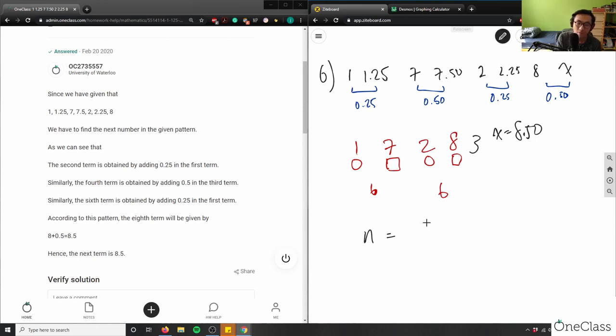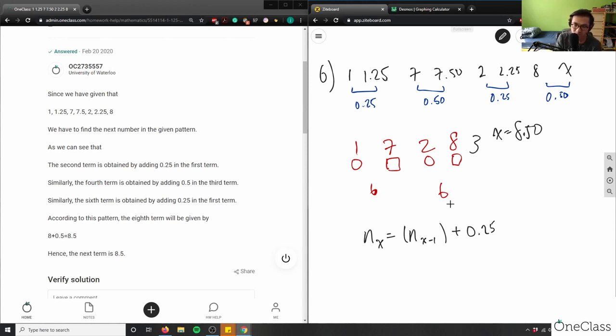I'll denote this as x, so this would be n at x equals n at x minus 1 plus 0.25. And then the next one would be 0.50, right? So where x here I can say is 1, 3, and 5. So it's every other odd term.